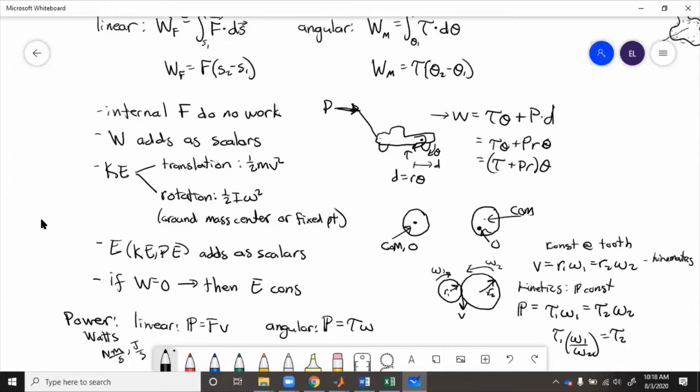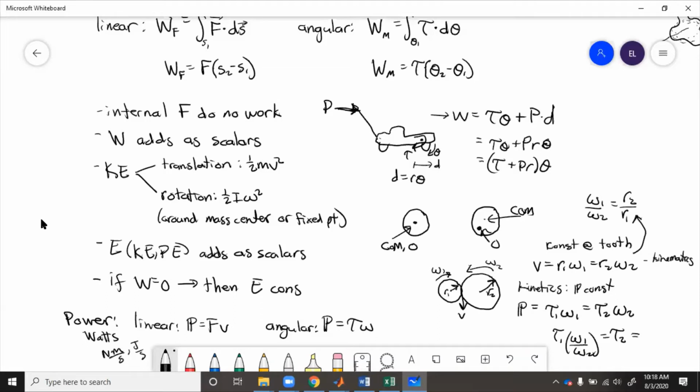But also, we don't even know the speeds, but we know the sizes. We can relate them from here, because from the kinematics equation, we know omega 1 over omega 2 equals R2 over R1. We've just rearranged that equation.